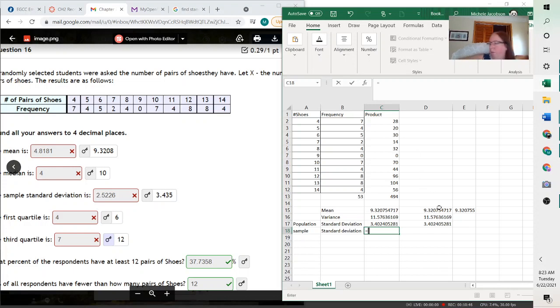I guess we got to do it over. The only difference is when you're dividing, it should have been the sum minus 1. And so we would take sum product and put one more parenthesis because we want to take all of these, subtract the mean, close the parenthesis, and square those.